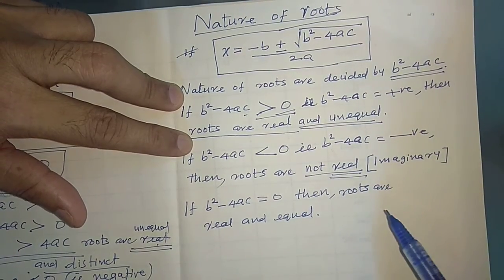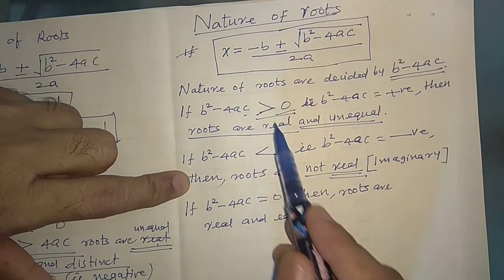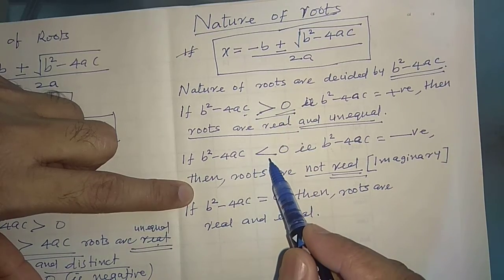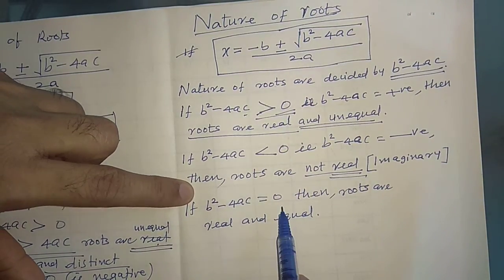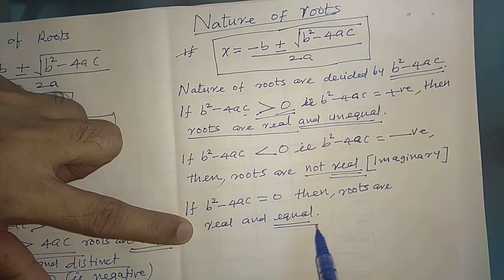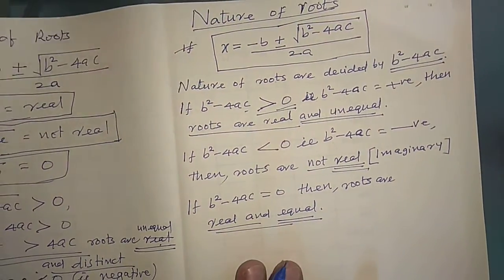Not real means imaginary; it does not exist. Positive and negative we discussed. If it is 0, then the roots are real and equal. These are the natures you have to remember.